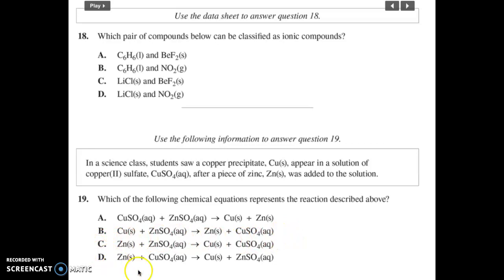So it has to either be C or D. Now let's go back in and check. It says we have zinc on the reactant side and we're adding it to copper sulfate. So copper sulfate needs to be on this side. So we're going to go with D. And that makes zinc sulfate.